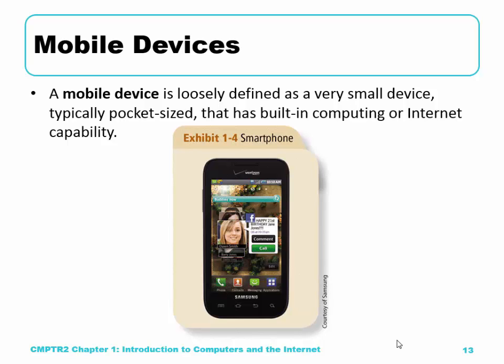Even small tablets that are designed for web browsing, playing movies, or other multimedia things such as gaming are considered mobile devices. Handheld gaming devices such as a Nintendo 3DS and portable digital media players such as an iPod Touch that include internet capabilities are also considered mobile devices, though they have fewer overall capabilities than the more conventional mobile devices. Mobile devices are almost always powered by rechargeable battery systems.